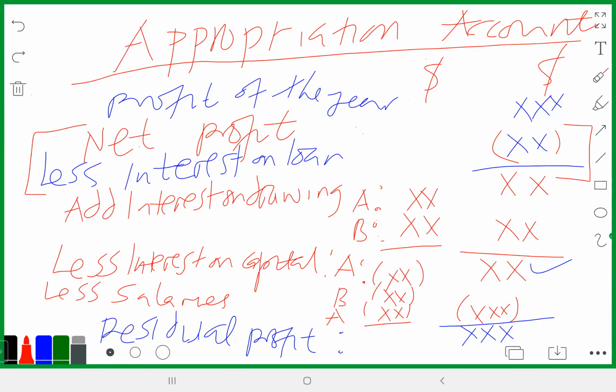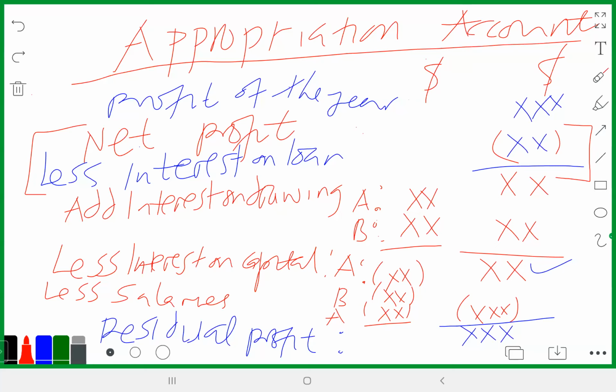I will repeat. When you are calculating the profit and loss statement, in the income statement, you end with the net profit, right? But there are those times when you decide to remove the interest on loan from the profit.